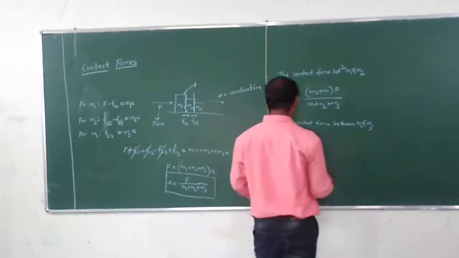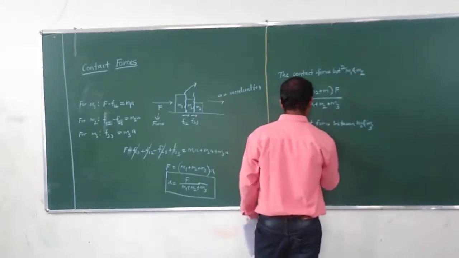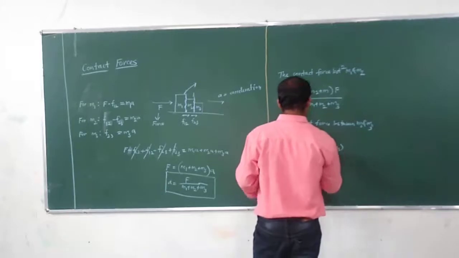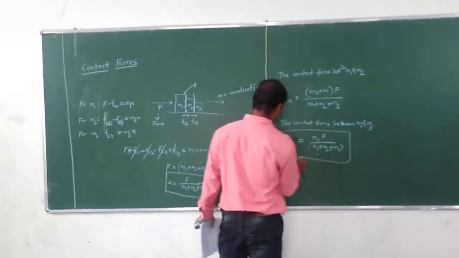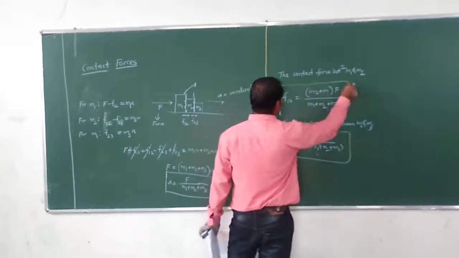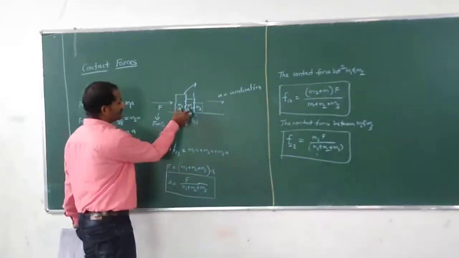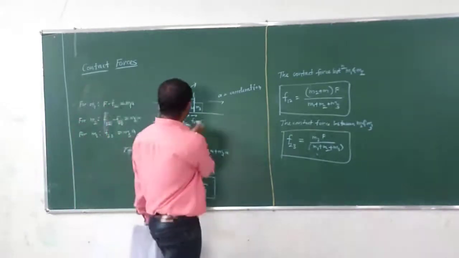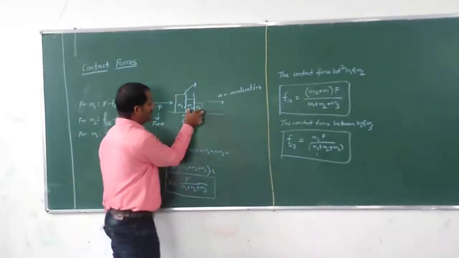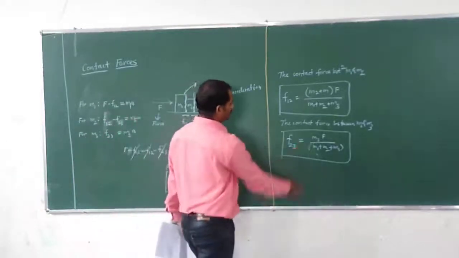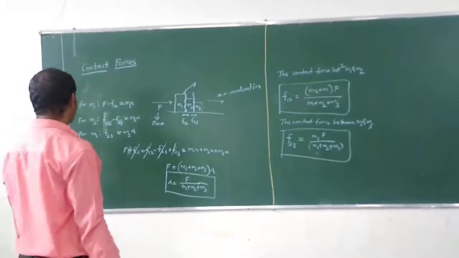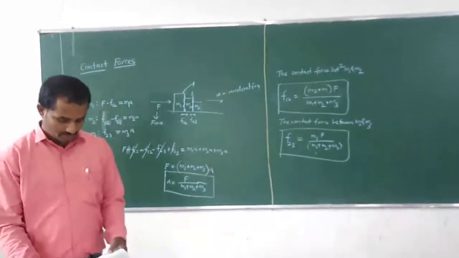F23 is equal to M3F divided by M1 plus M2 plus M3. Right? The contact force कसा कॅल्क्युलेट करतो, between the force between those masses, म्हणजेच काय, M1 and M2 या मासमधला फोर्स is this contact force and M2 and M3 मधला फोर्स is this one. तर या लॉ ऑफ कन्झर्वेशन ऑफ लिनियर मोमेंटम वरून आपण कॉन्टॅक्ट फोर्स फाइंड करू शकतो.